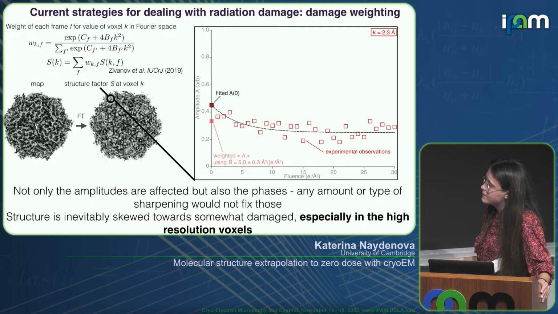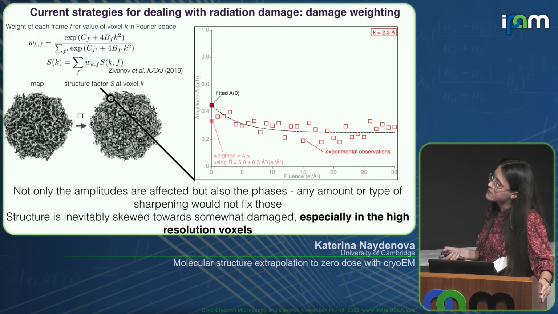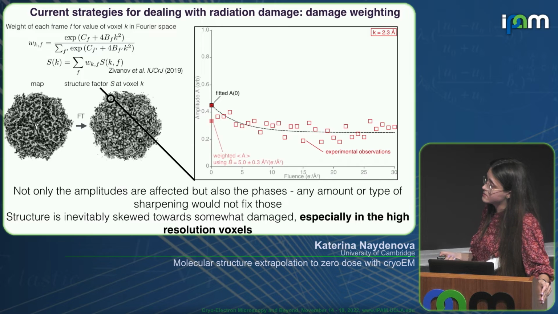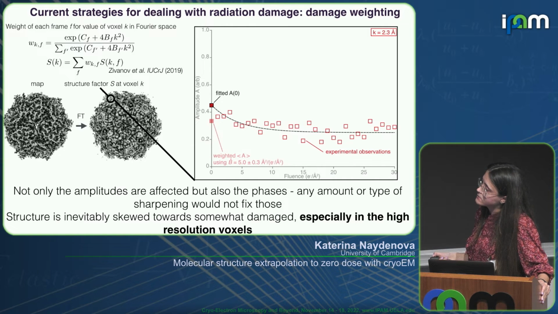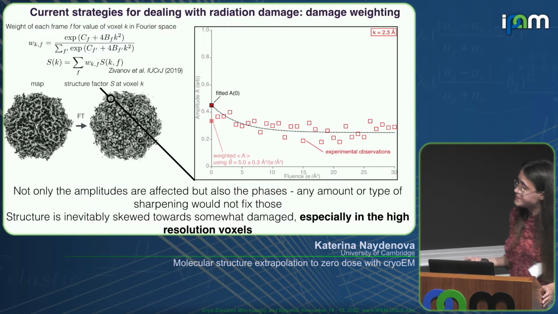However, if you imagine that this is a movie that shows radiation damage alone, and it shows this smooth progression of radiation damage, if you tried to fit a curve that describes this radiation damage decay, you could actually guess what the structure factor was at the very beginning, and it would not be this kind of weighted average somewhere in the middle of the data. It would be somewhere over here.